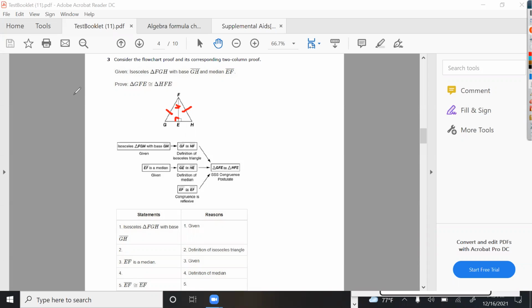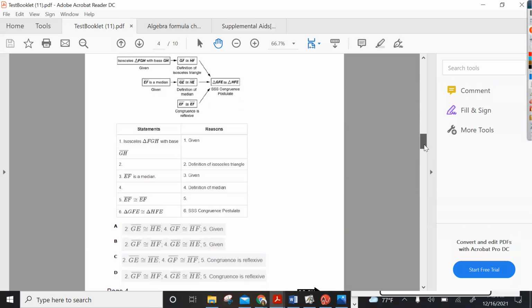I'm making those marks on there so that we can see it, but we actually don't really need to because we're just corresponding. The proof is already written. So we're just going to follow our parts here. So definition of isosceles triangle right here. So that's GF equals HF. I believe I kind of wrote on it. It might be GE. I'm going to erase it.